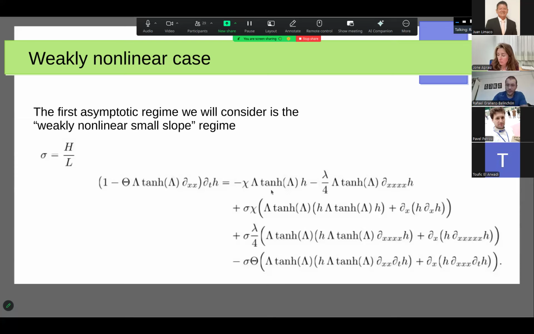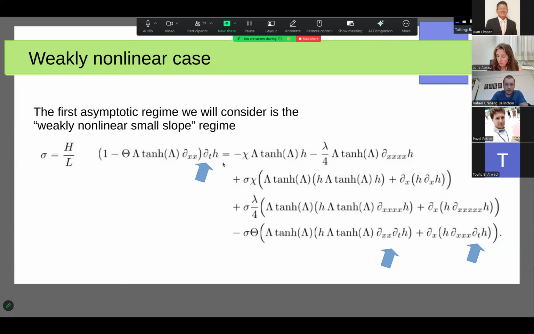Now, although this PDE seems kind of weird, let me try to explain every term by itself. It is kind of a weird PDE in the sense that it is an evolutionary PDE for h, but we see that the time derivative appears three times.